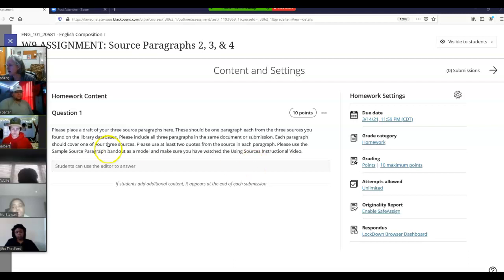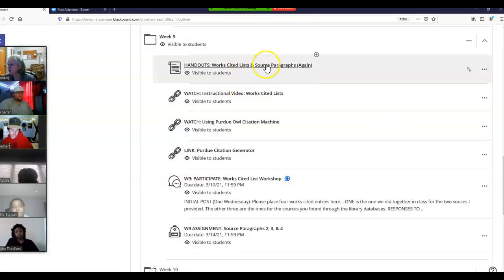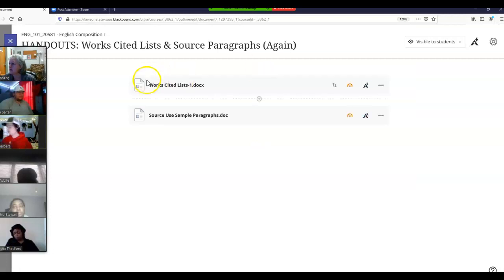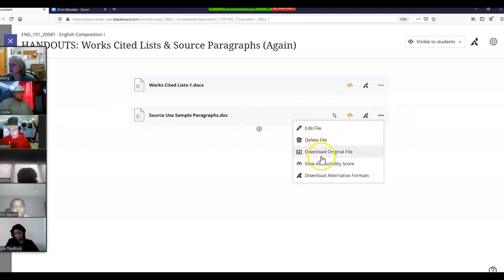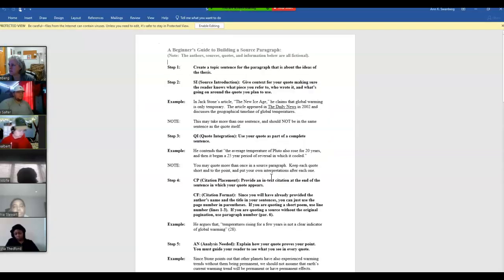These handouts were from week 7, but I brought them here into week 9 again, okay? So your works cited list handout is there, and I'll go over that in a few minutes, but I want to open this sample source paragraph and make sure that everybody is following this model, okay?